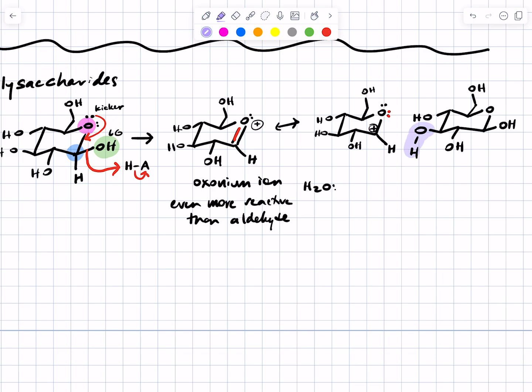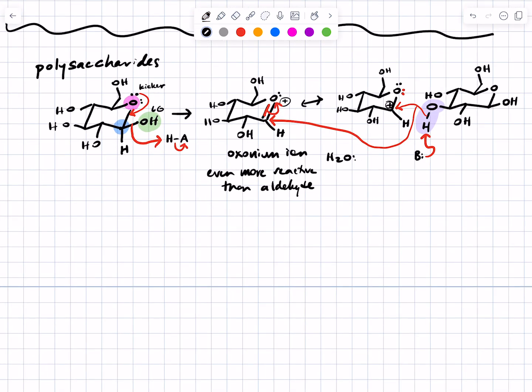What will likely happen is a base, possibly water, will attack and deprotonate that alcohol while it's attacking the oxonium ion. And you can attack either of the two resonance structures. I could attack the positive charge, or I could attack this one, and if I attack the one on the left, I need to break the pi bond and put those electrons up on to the carbonyl oxygen. These are both acceptable options.